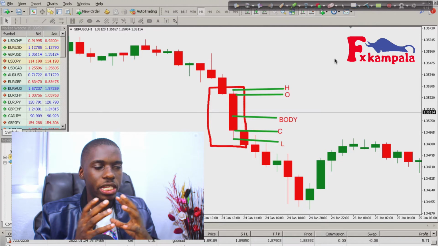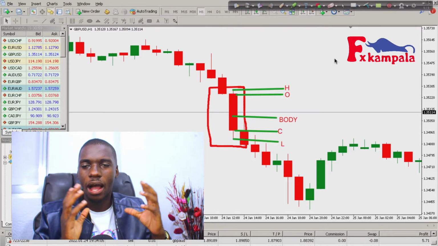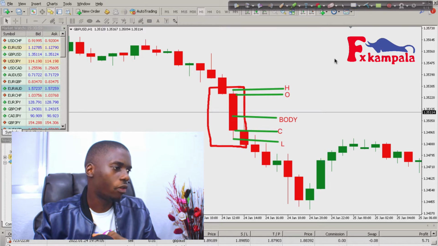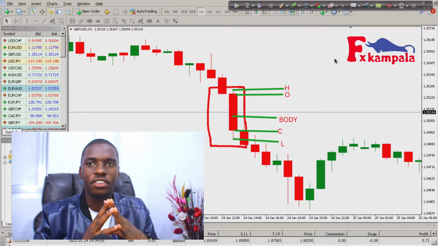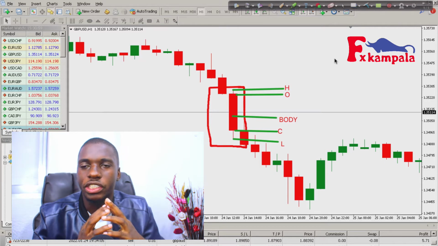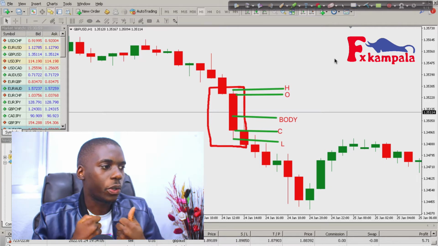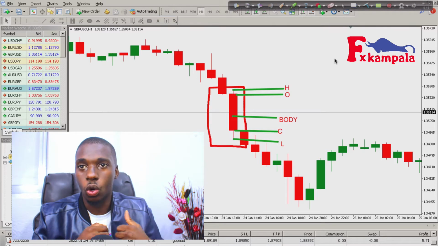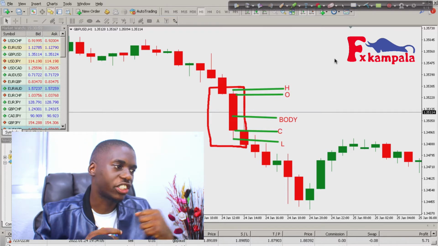It has the body, that is the red bit, which is called the body of the candle. And we also have the close of this candle. Remember, we said bearish candles open up and close down. This candle also has a low, which is our lower shadow.